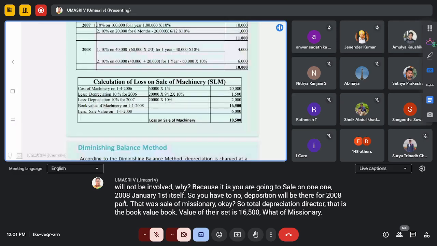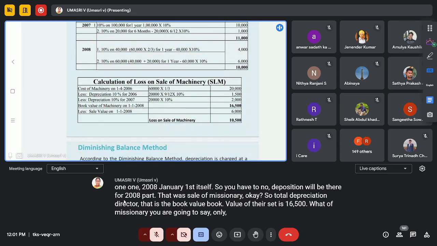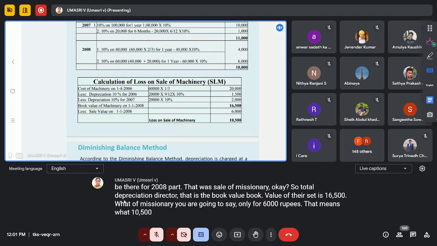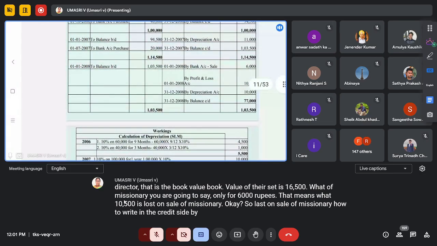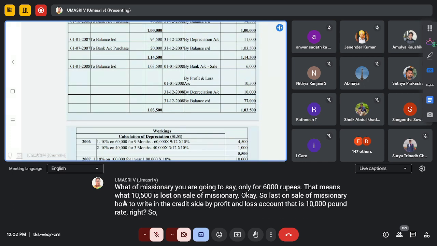You are going to sell only for 6,000 rupees. That means 10,500 is the loss on sale of machinery. You have to write the loss on sale of machinery on the credit side by profit and loss account, that is 10,500, right? So sale of asset is 6,000, loss on sale of asset is 10,500.